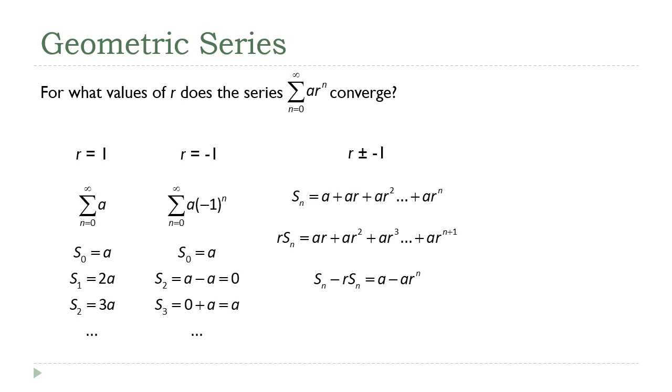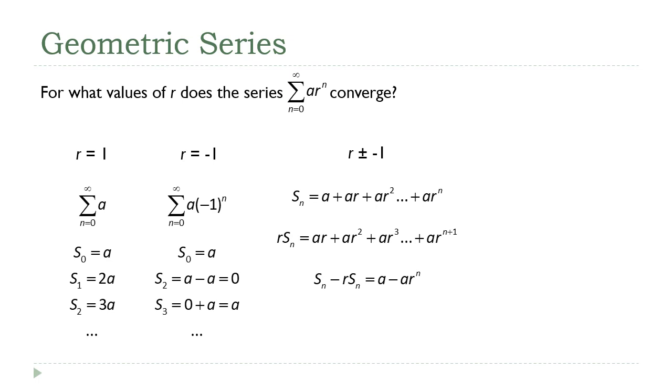So it's the top one minus the bottom. Right, so now think about what happens here with these terms. I've got a, then I've got ar minus ar, that's 0. I've got ar squared minus ar squared, that's 0. Everything is going to cancel all the way out to that ar to the n plus 1, which doesn't have a match in the first sequence.